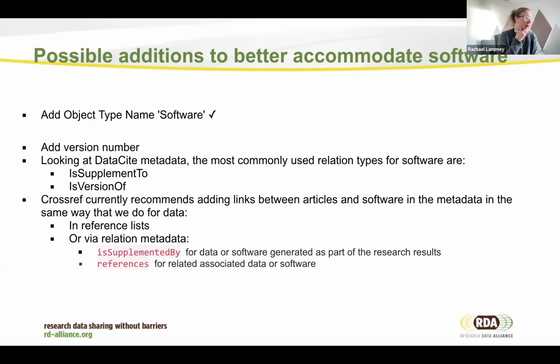And as said, from our perspective at Crossref, we'd advise that people provide links to software where they're citing it in reference lists, just as you would for any other citation, or it can be added using relationship metadata, so is supplemented by or references. These are things that we support already, but if we can support these in Scholix, then one thing we'd like to do is clarify our own recommendations so that people can use these relationship types consistently.